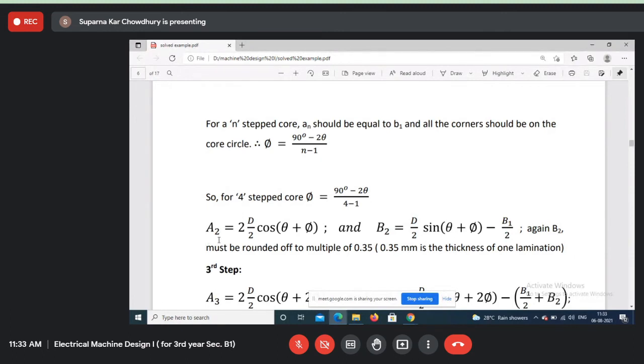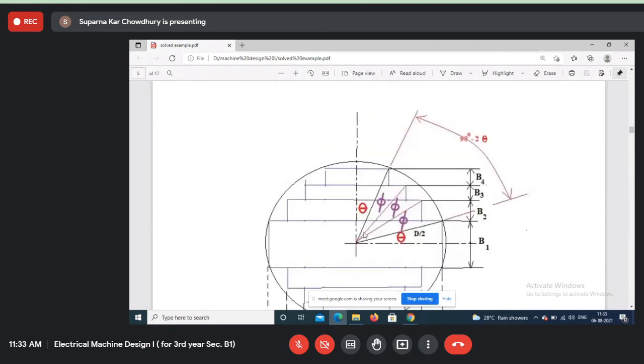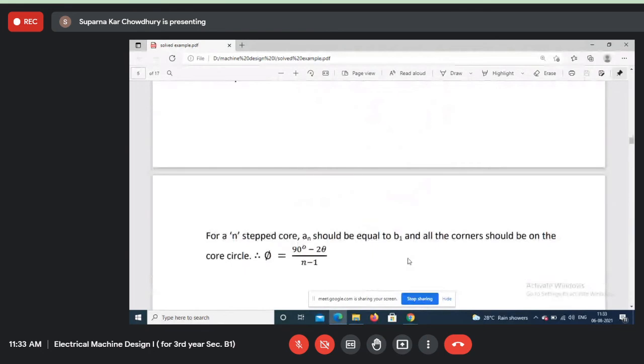So A2 is equal to, for A2 for this one, this point actually should be on the circle. So for A2 we will have D by 2 cos of theta plus phi will be up to this, that is A2 by 2, that into 2.